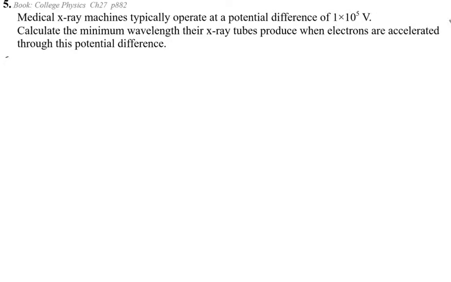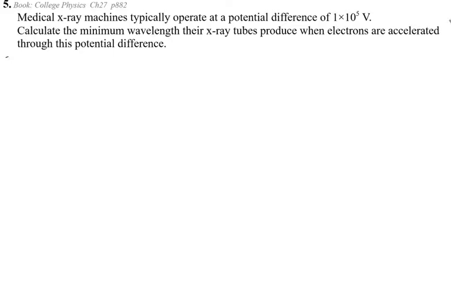In question 5, they ask that medical X-ray machines typically operate at a potential difference of 10 to the 5th volts. Calculate the minimum wavelength their X-ray tubes produce when electrons are accelerated through this potential difference.